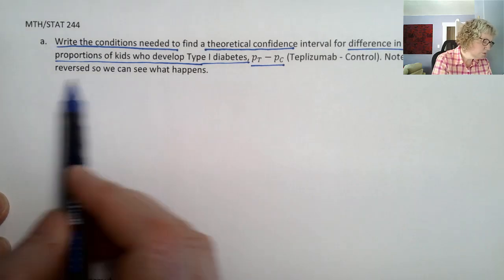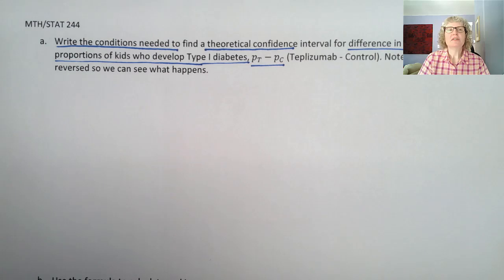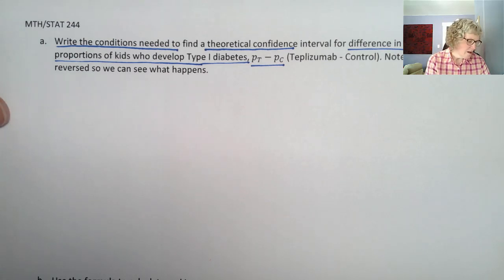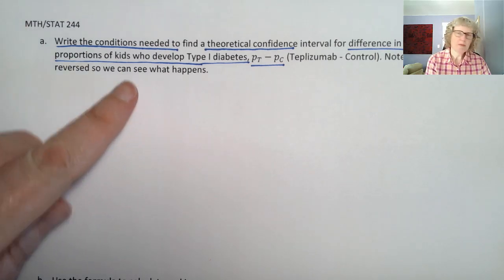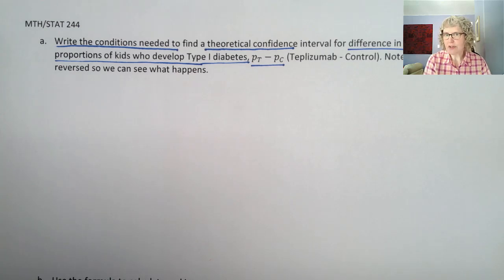Note the order is reversed so we can see what happens. I wanted to show you an example of what happens when we get negative to negative, because we talked about that interpretation in the last video. It doesn't really matter for the conditions, but when we use the formula in the next part, I'll show you how it's reversed so that you can see what to do in that case.